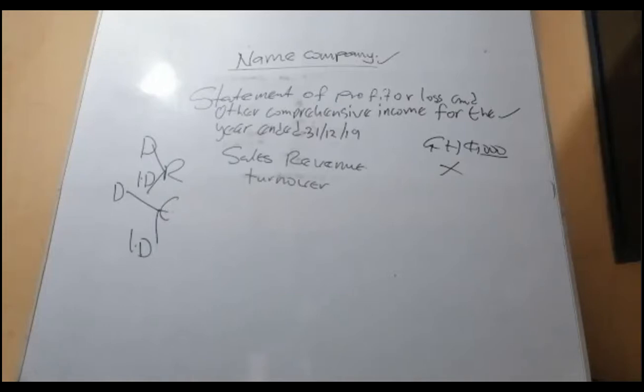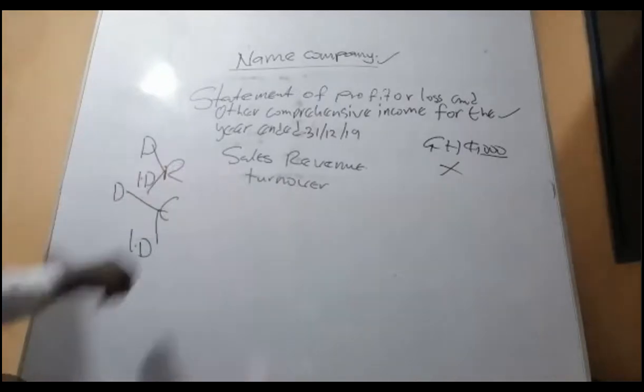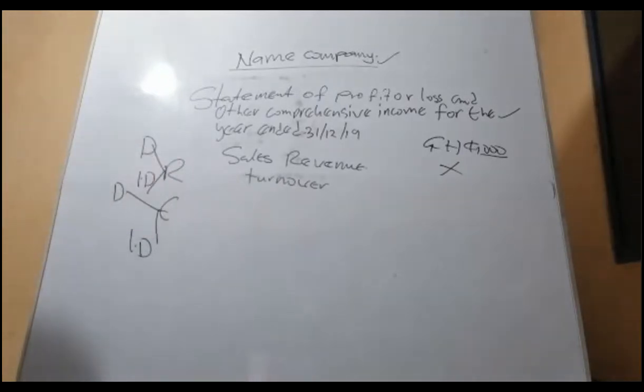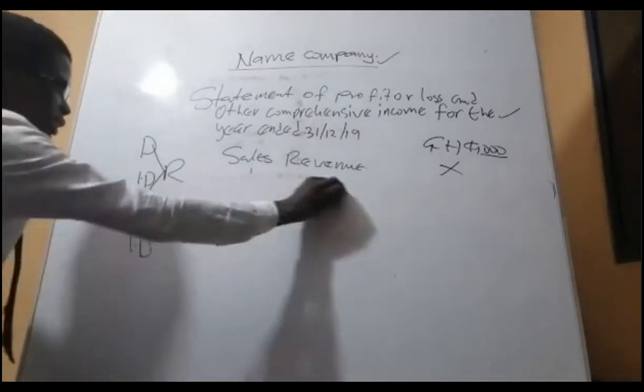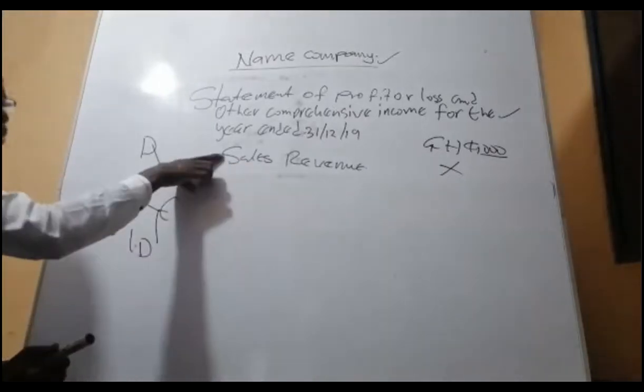So that's the first. Now this sales revenue, they are the one that we explain under the conceptual framework. We explain revenue, right? Over there, the real items, revenue. So that is it. That is the direct revenue.